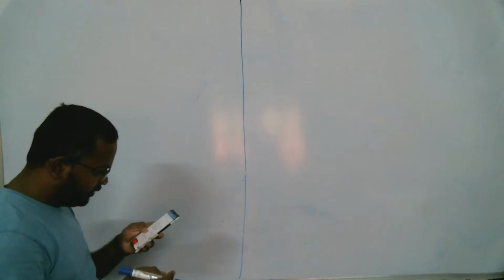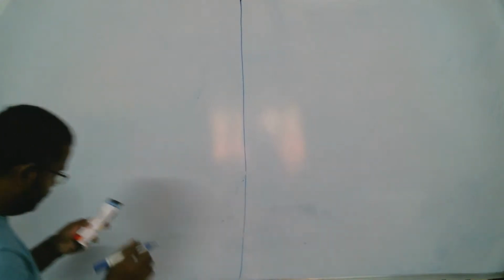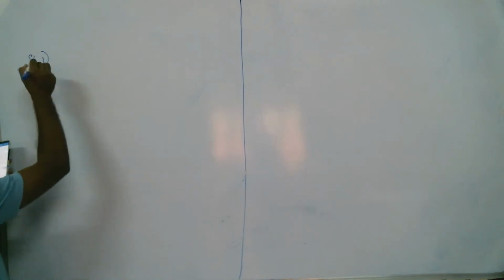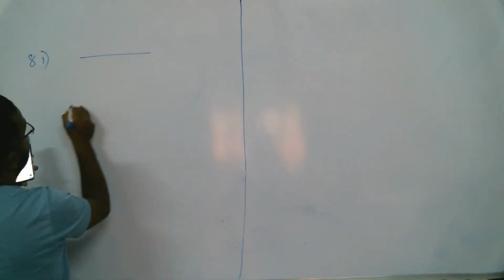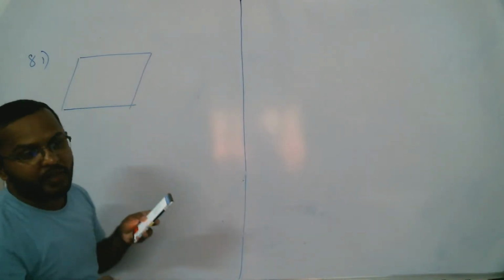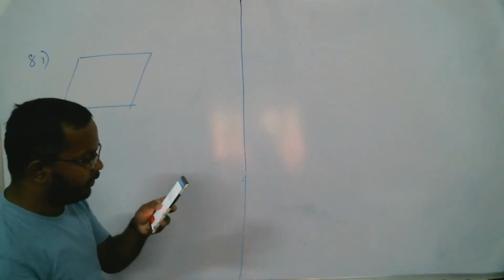The next question is: the following figures are parallelograms, find x and y. So the figures, whatever they are given, they are parallelograms. In this, you have to find the value of x and also the value of y.